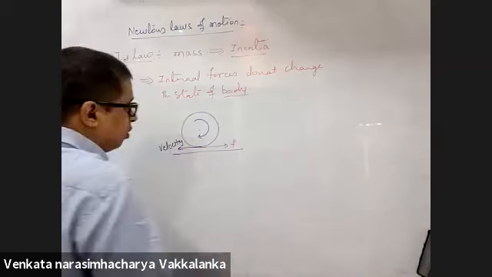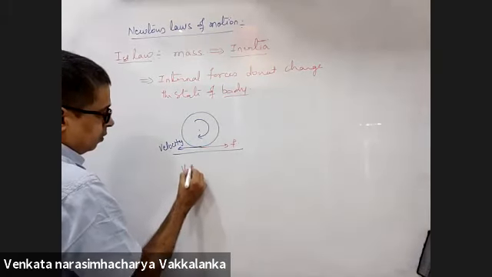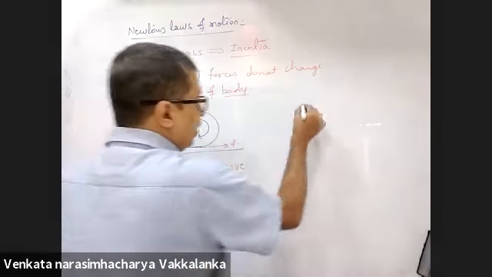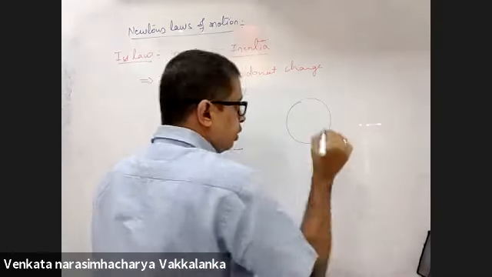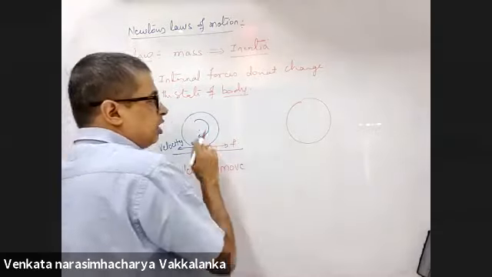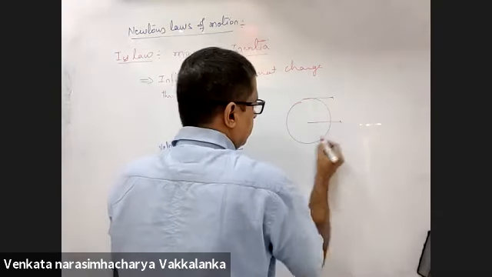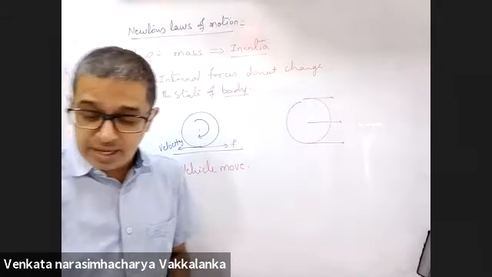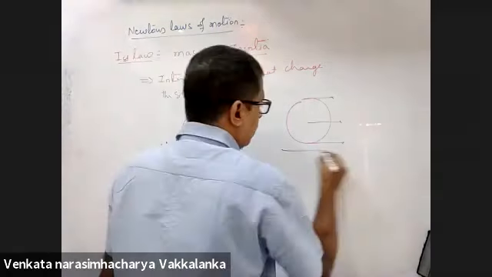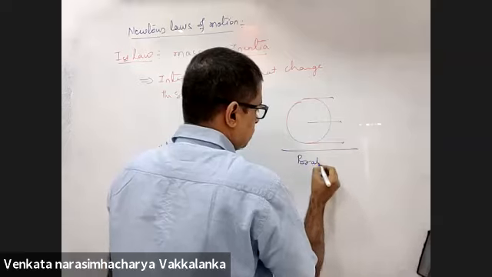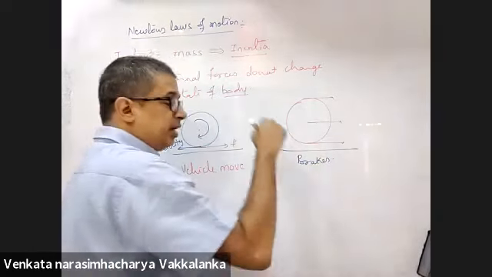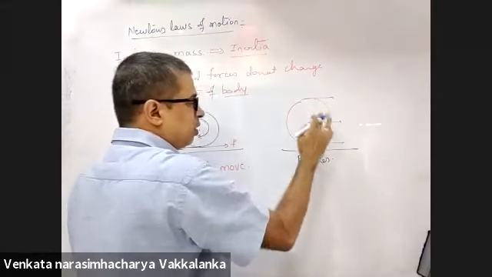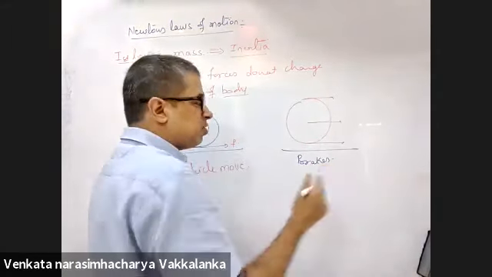This is the way your vehicle moves. How will it come to rest? Your brakes will stop the rotation of the wheel. Now your vehicle is moving this way. When you apply brakes, it prevents the wheel from rotating. Once the rotation stops, the vehicle will be skidding.